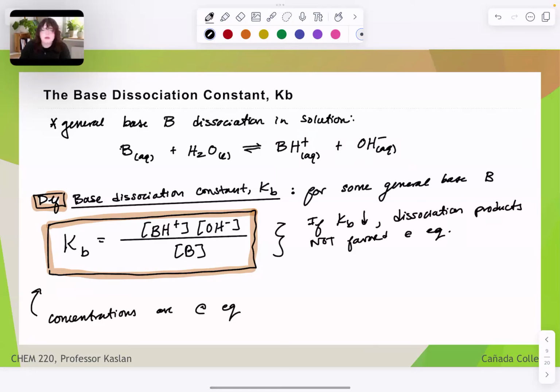So we would probably call this a weak base because it contributes very little hydroxide to the solution upon dissociation.